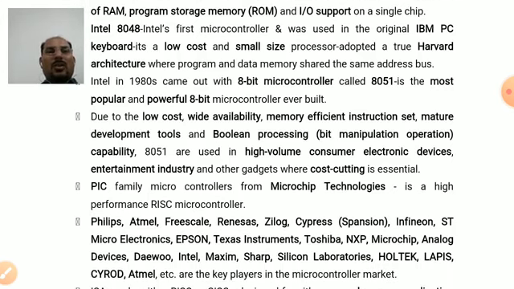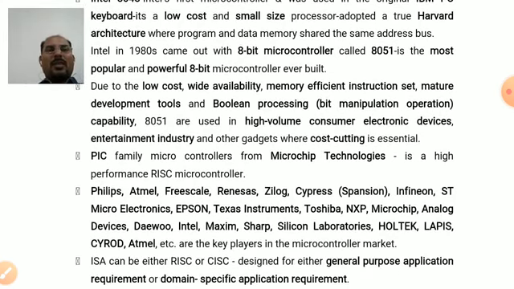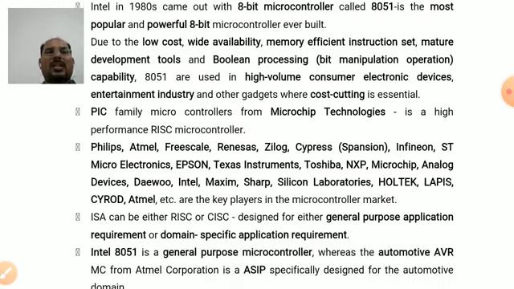Due to its low cost, wide availability, memory efficient instruction set, mature development tools, and Boolean processing, that is bit manipulation instructions, the 8051 has become high volume in consumer electronic devices and entertainment industry devices, and it is used in gadgets where cost cutting is essential.